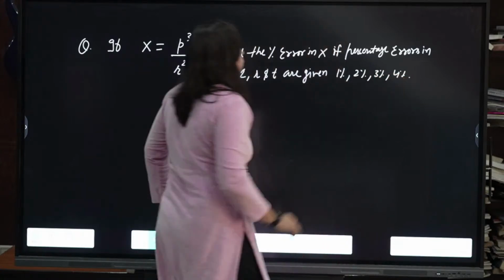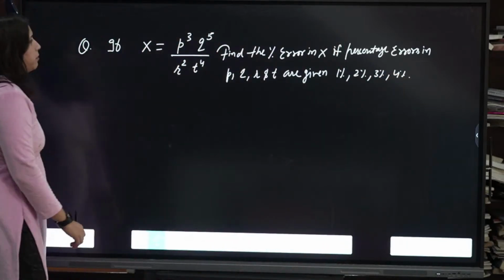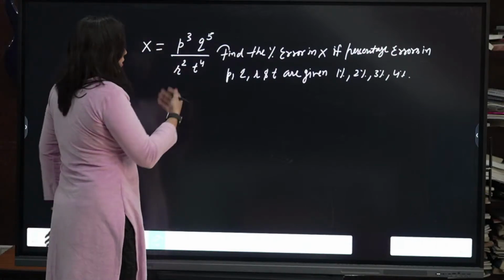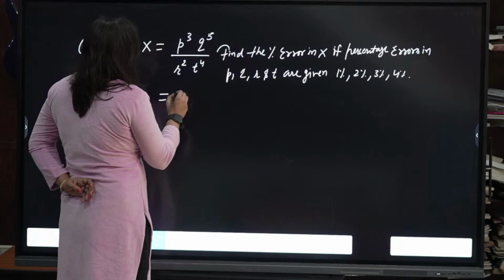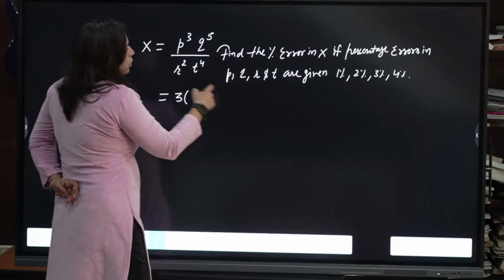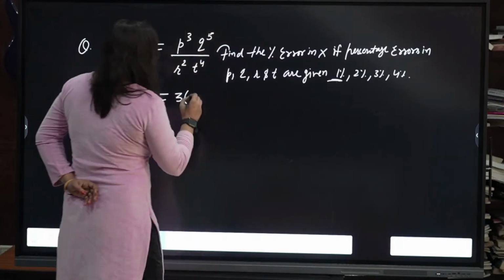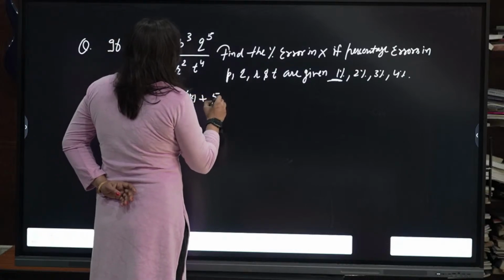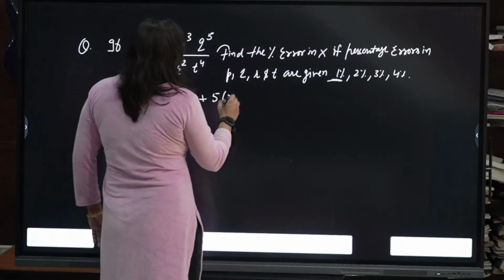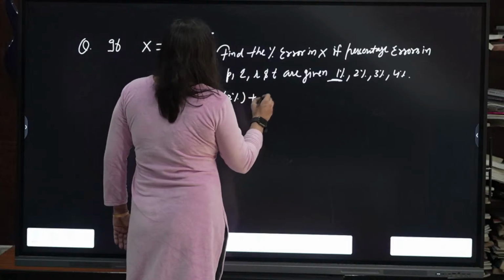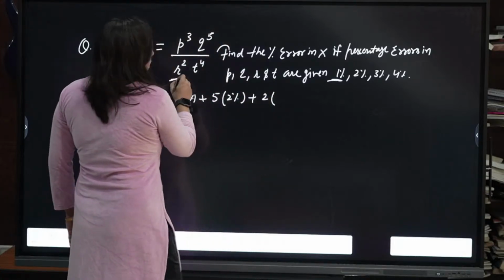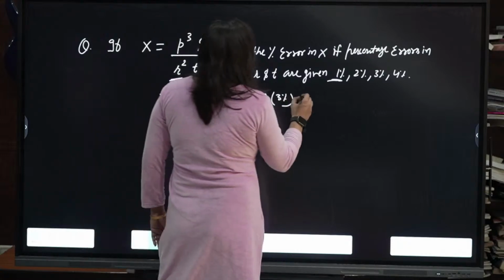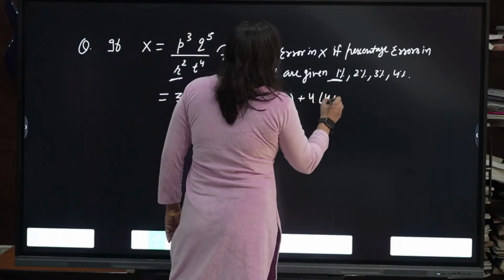वेरी वेरी मोस्ट इंपोर्टेंट न्यूमेरिकल है आईआईटी जेई में, नीट में. मैक्सिमम आप इसमें सेकंडों में इसे सॉल्व कर सकते हैं बाय यूजिंग योर ट्रिक. 3 into error in P 1%. Second here 5 into error in Q 2% plus 2 into error in R, it's 3, and plus 4 into 4.